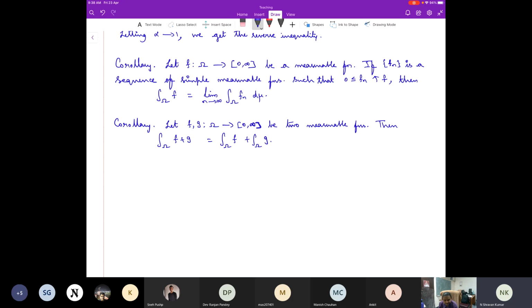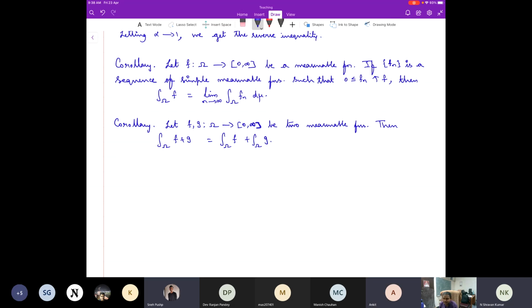Next one. Sir, if we have two sequences fn and gn which increase to f and g respectively, then if we take the integral over omega of fn plus gn, how can we distribute the integral over the sum?